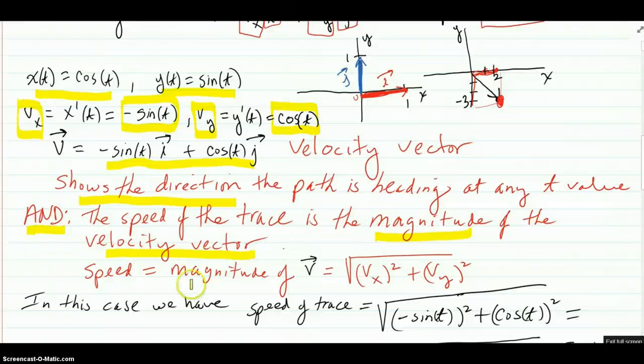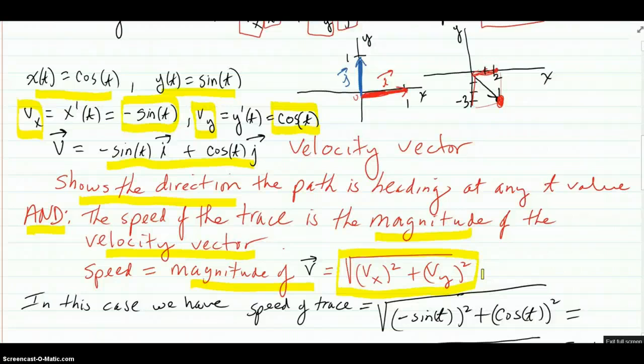And the magnitude of a vector is the Pythagorean theorem. It's just the square root of the x component of the velocity squared plus the y component of the velocity squared.